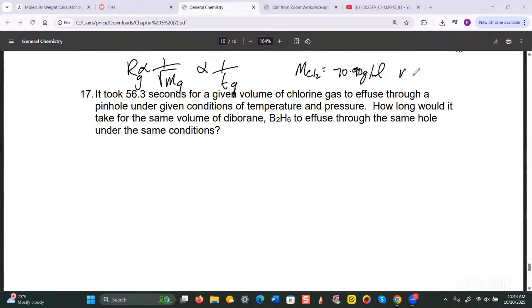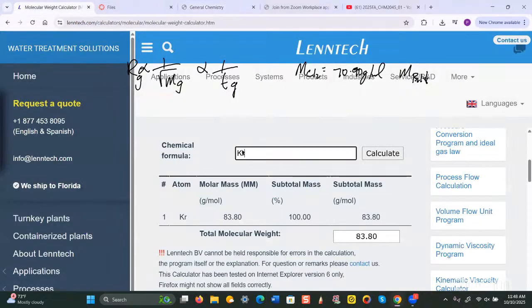And the molar mass of diborane, I'm too lazy to calculate, so I'm just going to do it. And to be clear, it's going to be square root of M Cl over square root of M B2H6. It doesn't matter the order, we have the T set up the same way. Exactly.